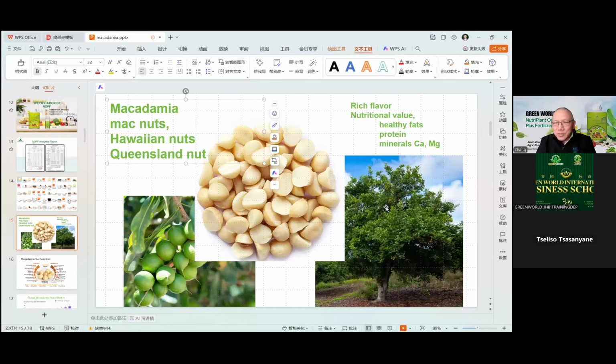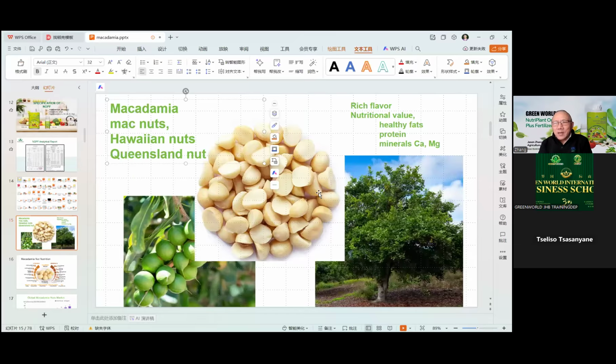In other countries, they don't call them Hawaiian nuts. In Africa, you may call them macadamia, or some places call them Queensland nuts. It basically depends on where you are. They originally come from Queensland, Australia. That's why they call them Queensland nuts.